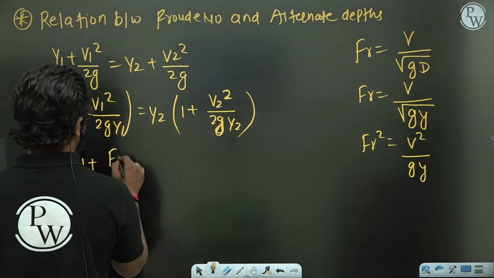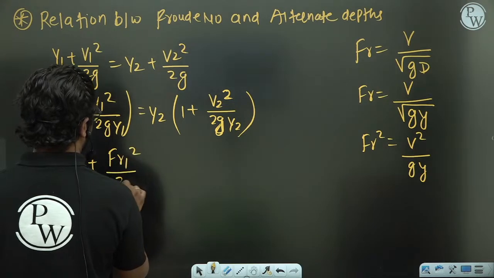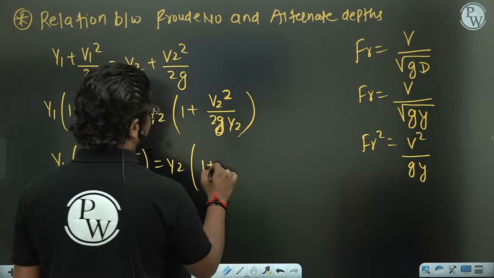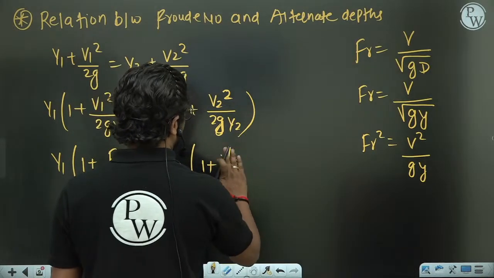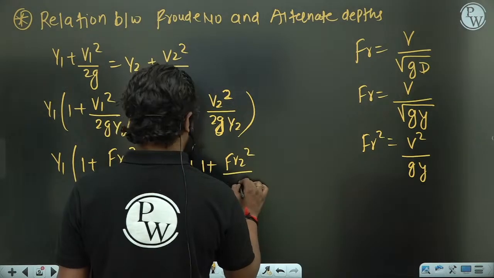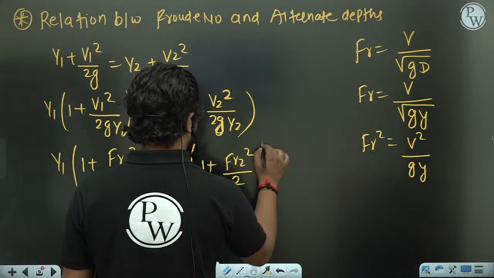1 plus Fr1 squared divided by 2. Very good. y2 times 1 plus, not v2, Fr2 squared divided by 2.